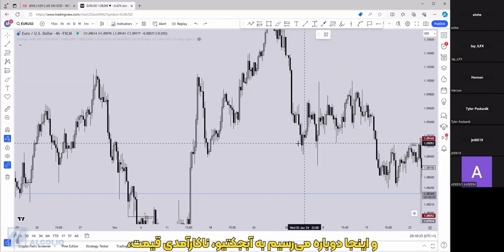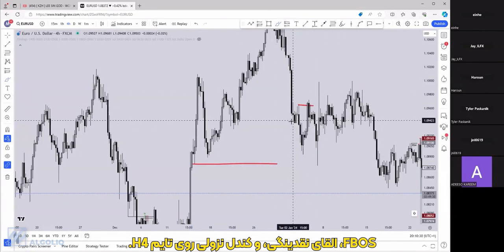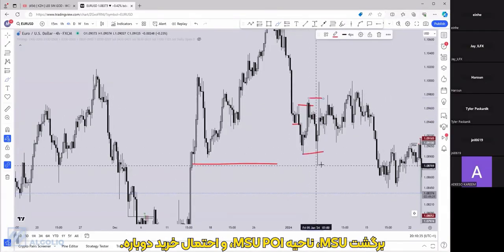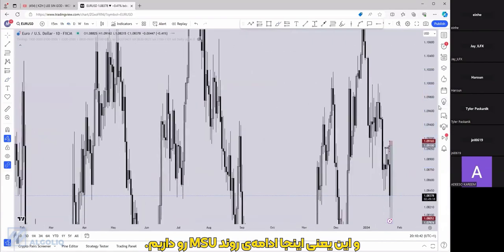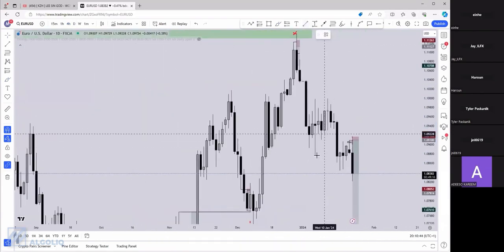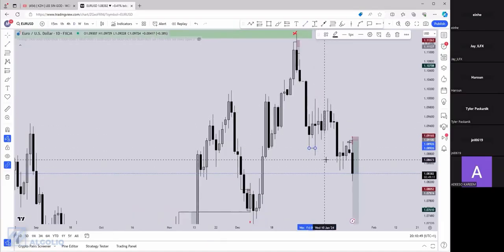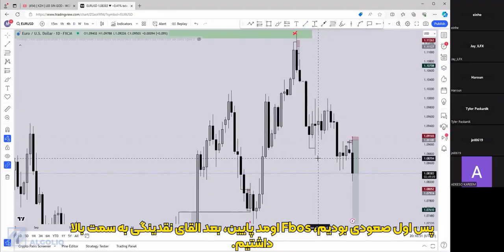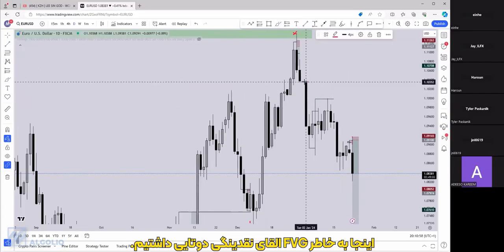For example, here: objective, inefficiency, FBOS, inducement, bearish candle on H4, reversal MSU, possible buy again, right? And this would also mean that this is a continuation MSU, right? Price was down. So we had bullish, price was down, inducement up. So this was the inducement. This is double inducement because of FVG.